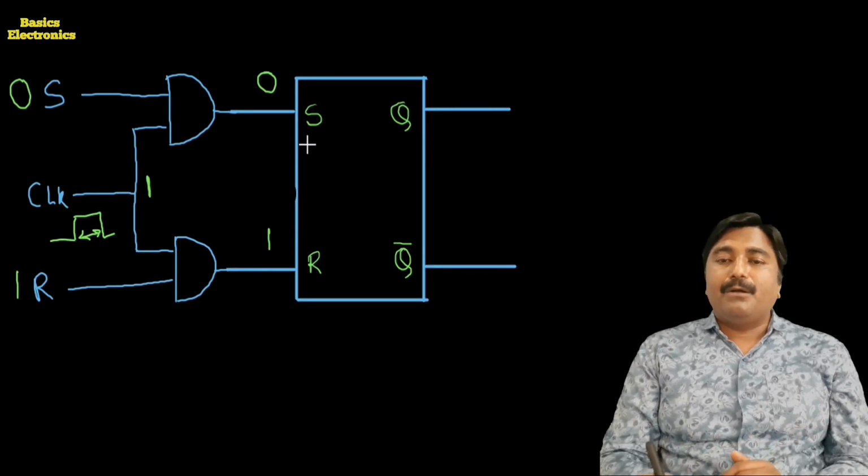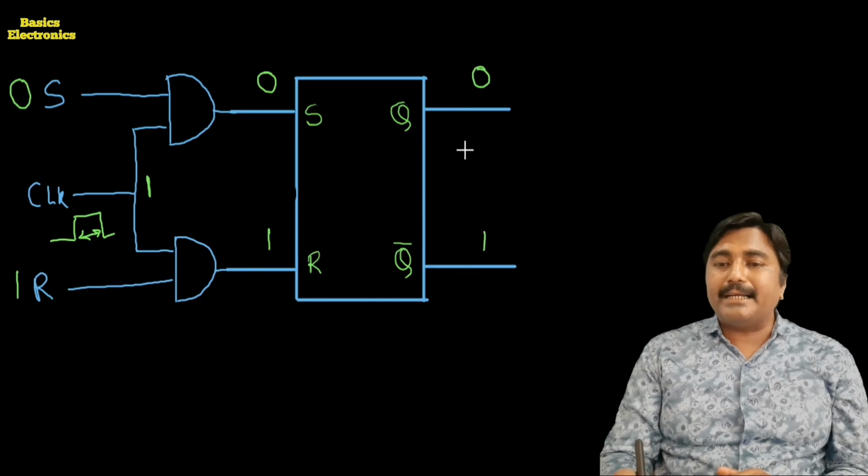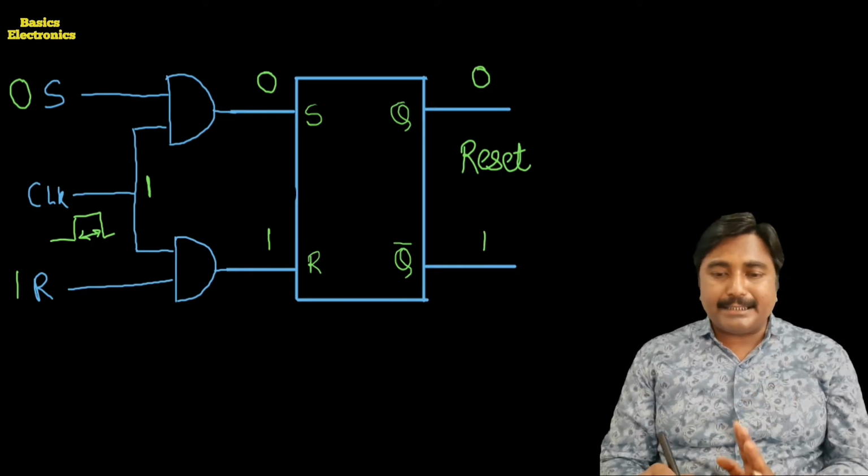And as we know, when S is equal to 0 and R is equal to 1, we get the output Q equal to 0, Q bar equal to 1, and the flip-flop goes into the reset condition.